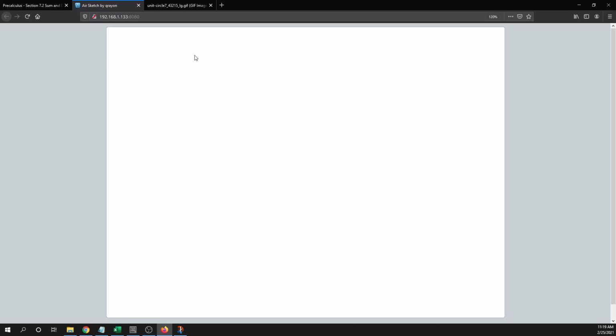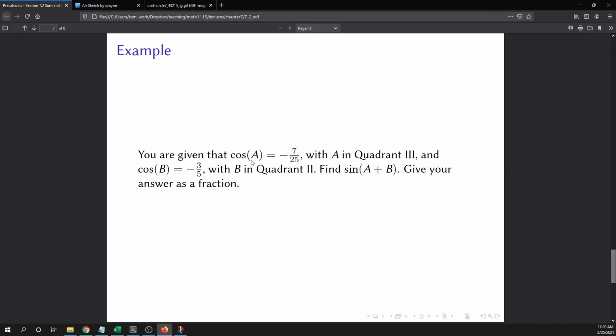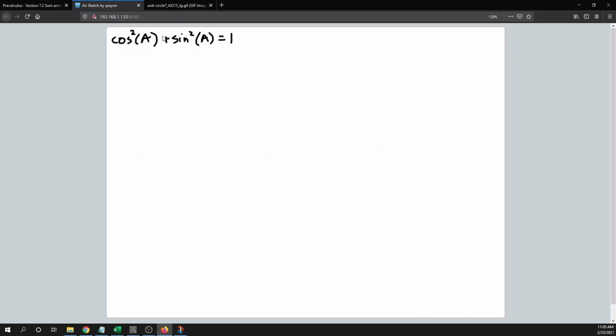So let's start with A, and we're going to use the fundamental identity, that the cosine squared of A plus the sine squared of A equals 1, right? The fundamental identity. And we are given that the cosine of A is negative 7/25.